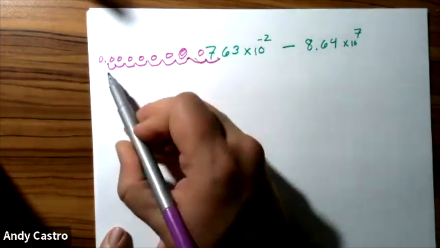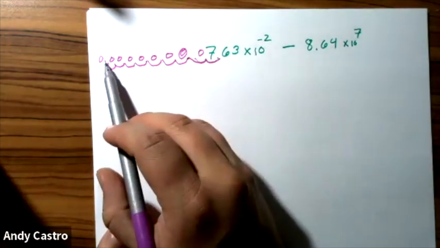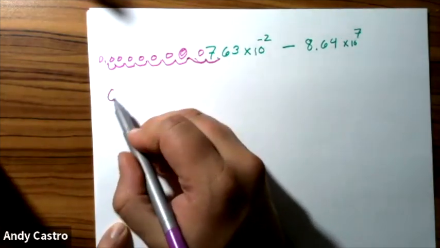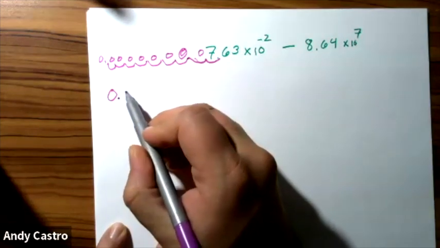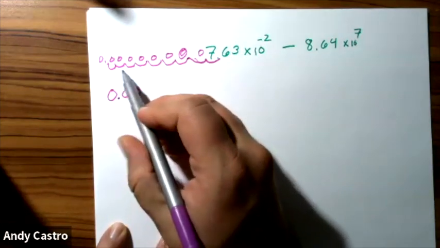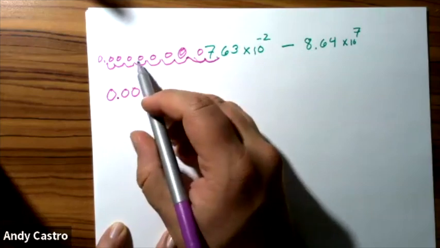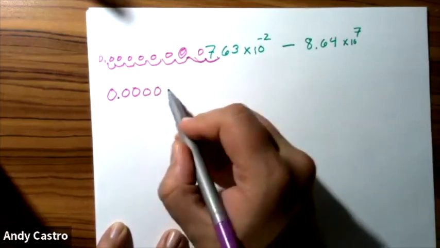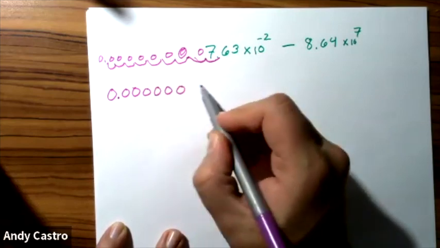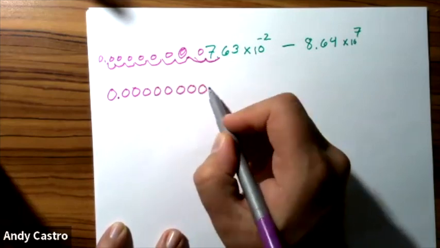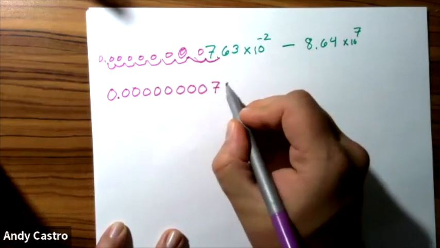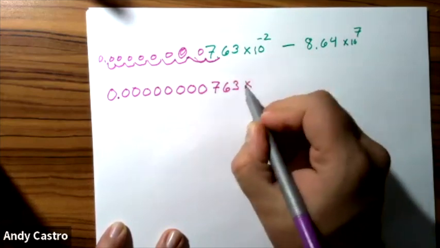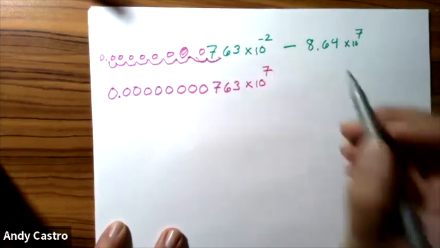Now, since I've moved that whole way, and we're out of scientific notation here, we have 0.00000000763 times 10 to the 7th.